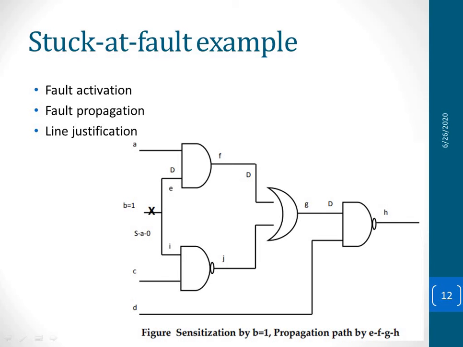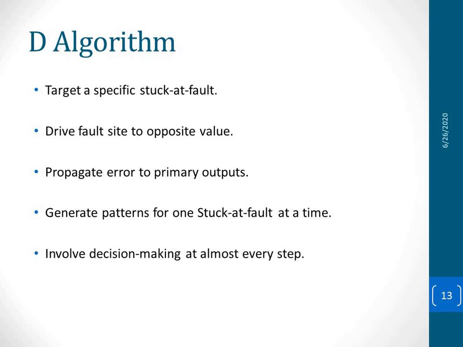This is how we consider the stuck at fault, and we test and see whether the circuit is working with the fault or not. For that we use some algorithms that we call the D algorithm.